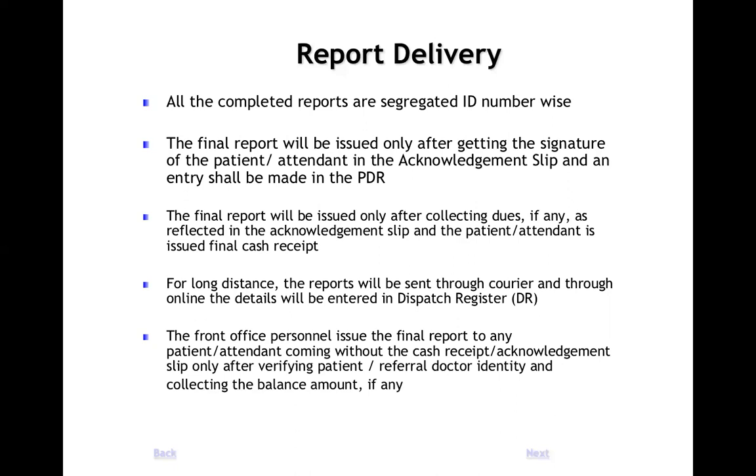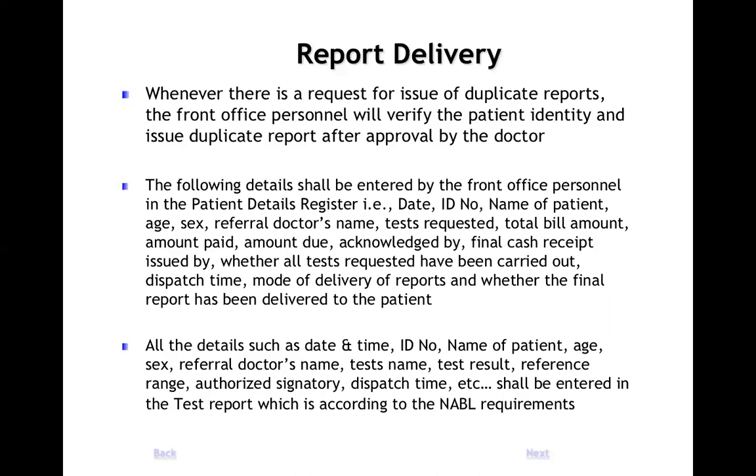So you release results only to an authorized person. Sometimes a patient may come saying they have lost the report, or a clinician may ask. You issue a duplicate report only after verifying the patient's identity and approval by the doctor.